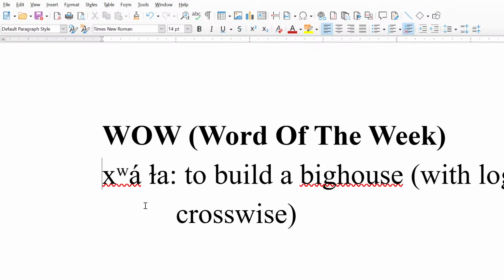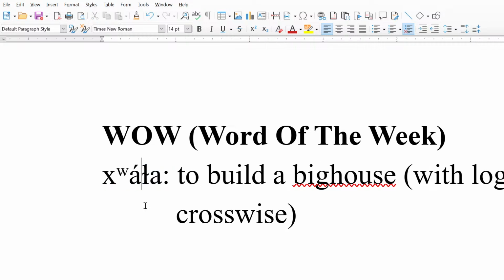And this first syllable is the one that's getting emphasized. There's no emphasis on the second syllable. So out of the two syllables in this word, the first one is the one that's getting the emphasis. So that's where the acute accent goes. It's on the vowel. So that's huathla.